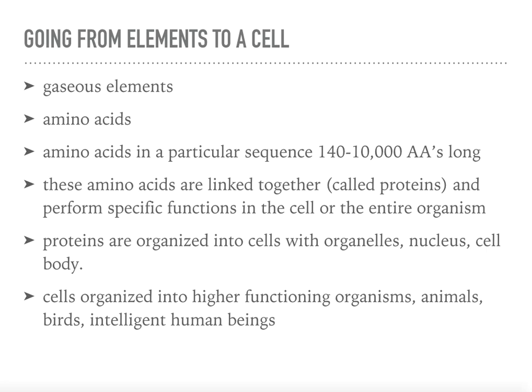So, to review, what steps would have had to be made from going from gaseous elements to the formation of a cell? First you would have to have the right gaseous elements. Those would have to make the 20 different naturally occurring amino acids that we see today.